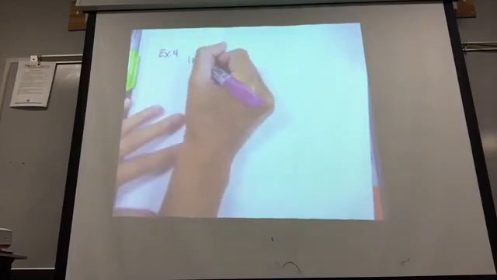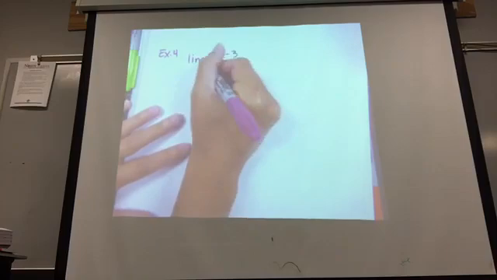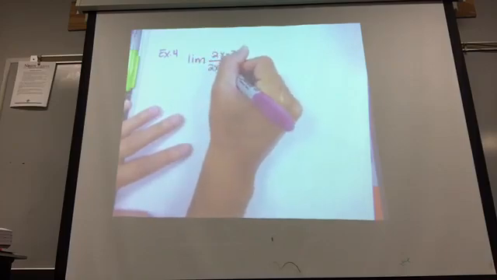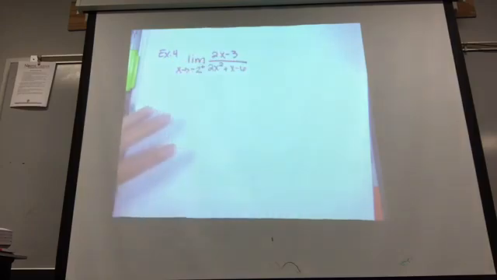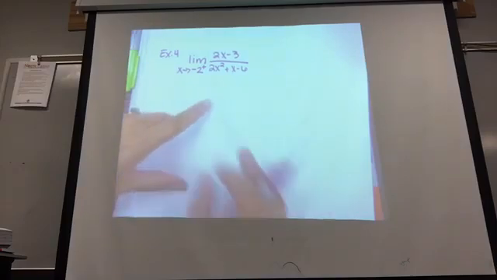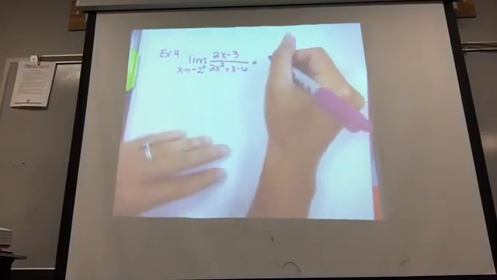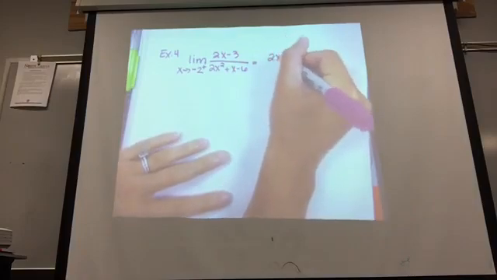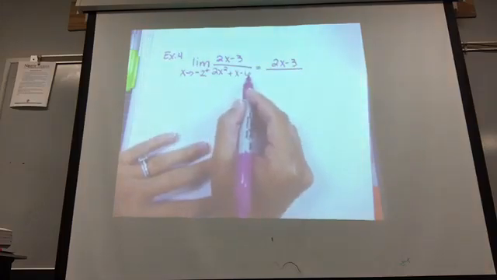What is the limit of 2x minus 3 over 2x squared plus x minus 6 as x approaches negative 2 from the right? So I definitely want to simplify this one first. So I'm going to rewrite it by factoring the denominator. So I have 2x minus 3 on top. And then 2x squared plus x minus 6.